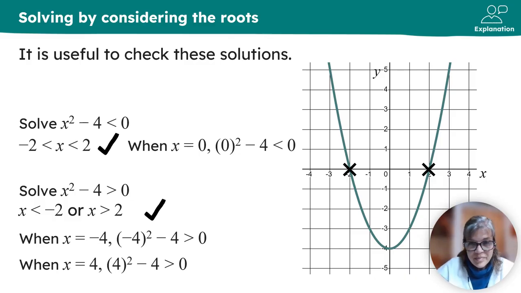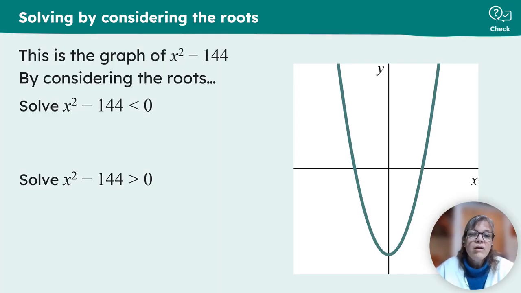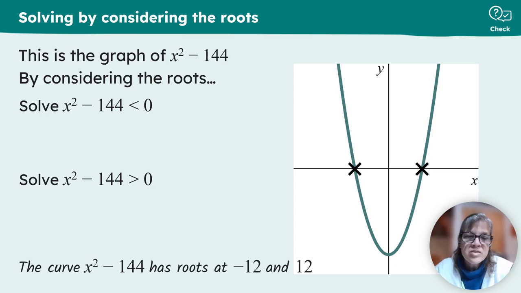Yeah, it works. Okay. So if you see a difference of squares, just knowing what the roots are helps you to solve the inequality, because I know that the roots would be at -12 and 12. So I can look for the solution to this inequality by considering the roots.